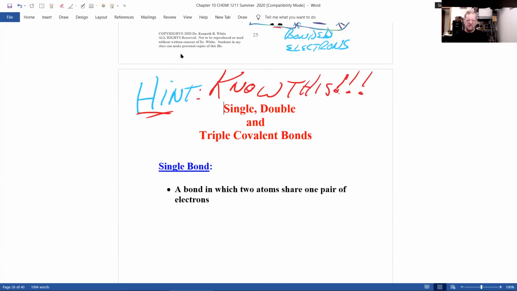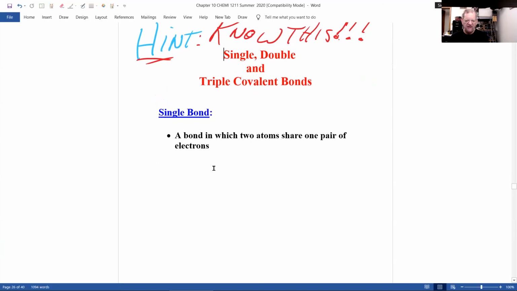You should know this. The first type of covalent bond is a single bond. And you should know a single bond is a bond in which 2 atoms share 1 pair of electrons. Single bond, sharing 1 pair of electrons between atoms.